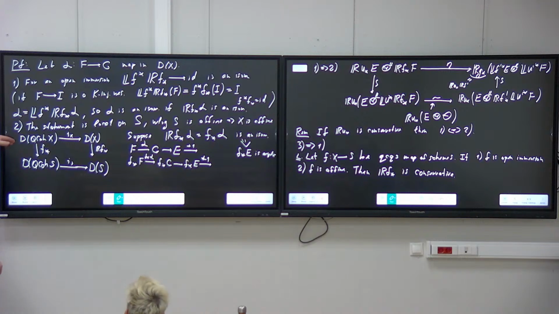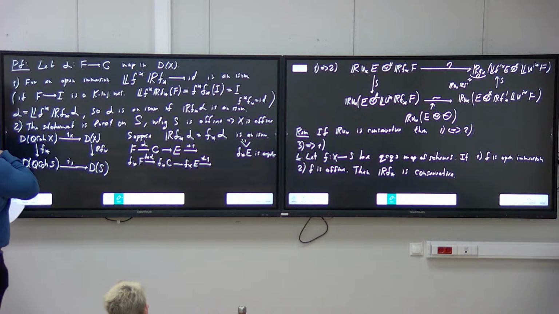Well, in this case, these two categories are equivalent, because we agreed that this is just an affine situation: S is affine, X is affine. If I have something Hom here, I can think about this as a Hom there, so if I want, I can present this by complexes with quasi-coherent terms. So I can call F and G complexes with quasi-coherent terms. So what I see is that f lower star of E is acyclic.